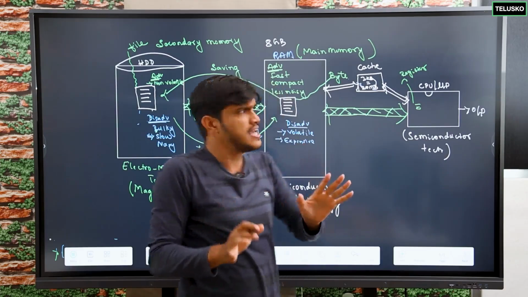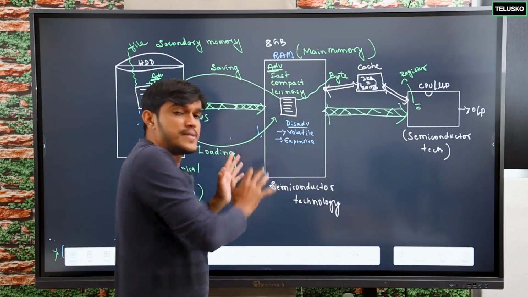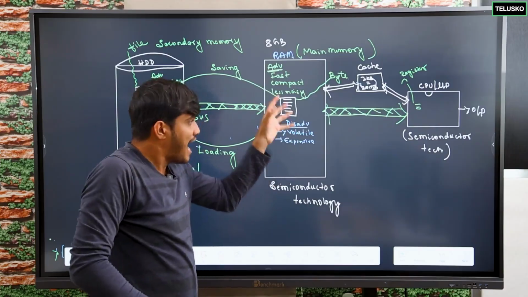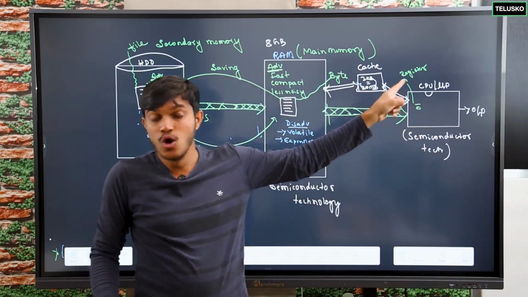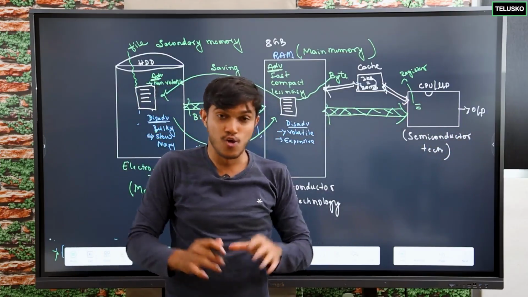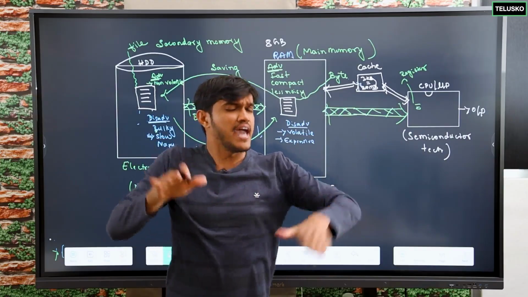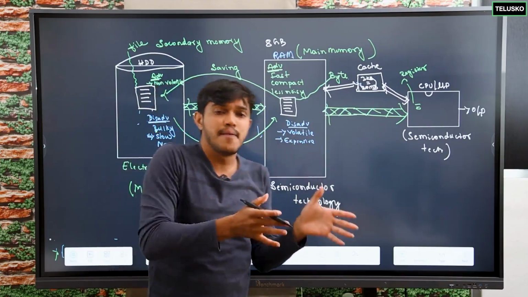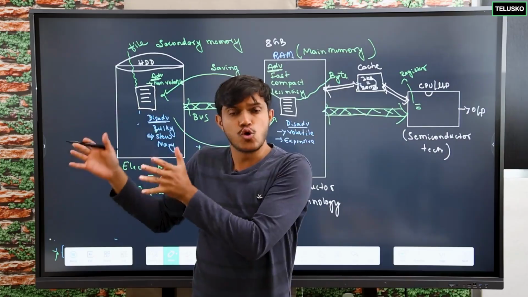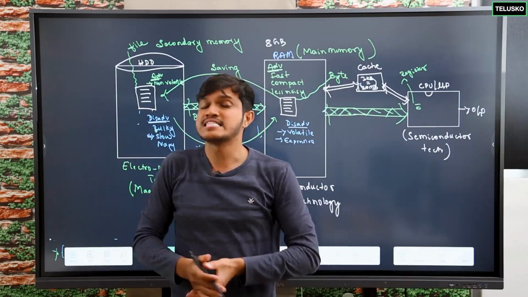But usually we say all your applications will be loaded onto the RAM, and from the RAM they will be given to the processor and your processor will be able to execute them. I hope now you are able to understand everything about this. Saving is the process of getting the data from the RAM onto the hard disk to store it permanently. That is what we call saving.